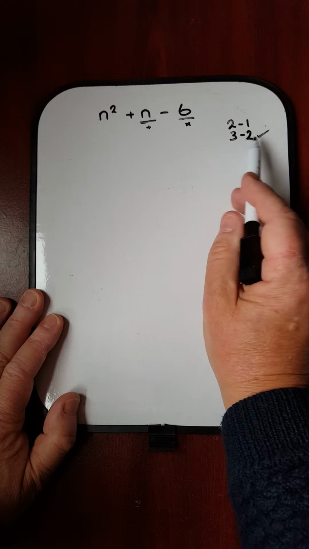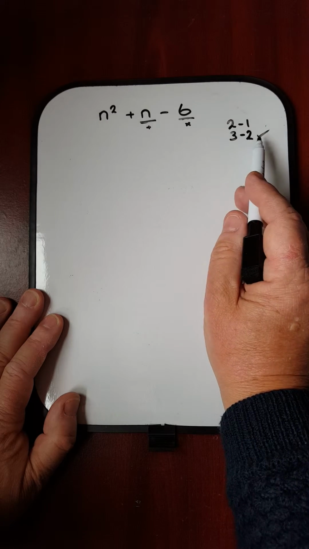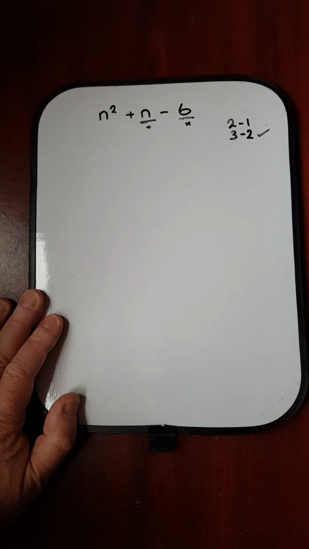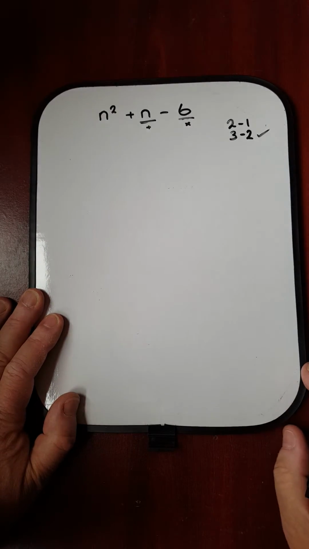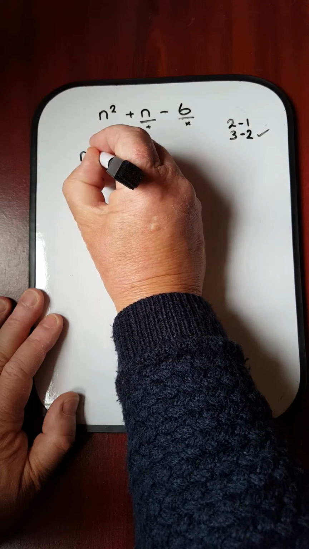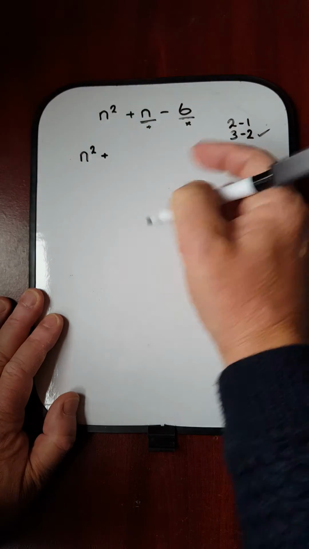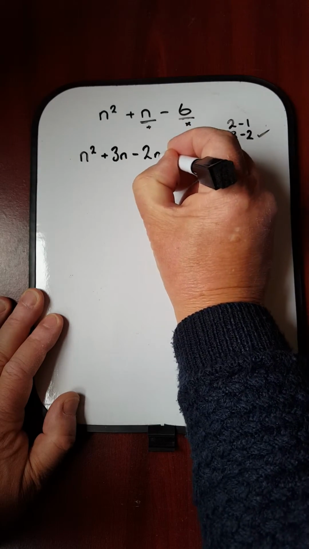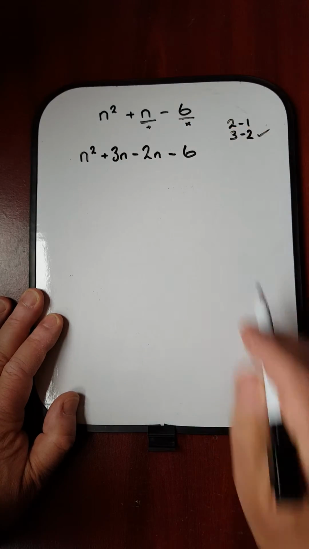If you'd done it another way round and had minus 2 plus 3, it could have still worked, and then you'd have had to stick to the minus 3. But let's stick to what we've already said. So we've got n squared, now we've got plus 3n minus 2n minus 6.